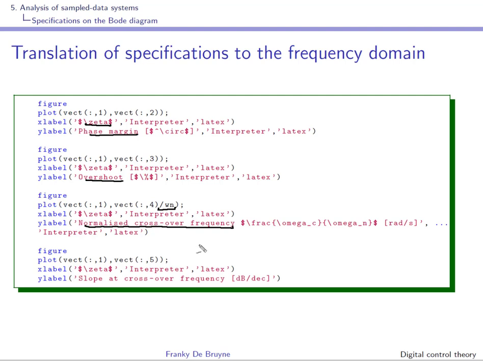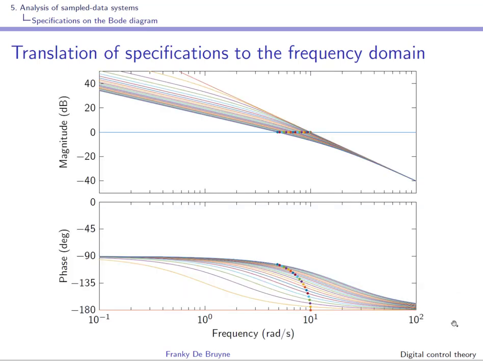The relevant quantity is omega c over omega n, and here we plot the slope at the crossover frequency as a function of zeta. So we can have a look at the Bode diagram of the loop gain that we have imposed. So omega n squared over s times s plus 2 zeta omega n.